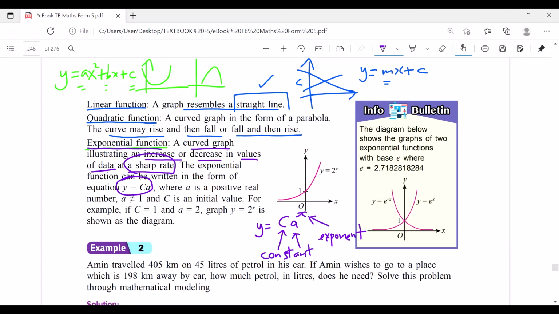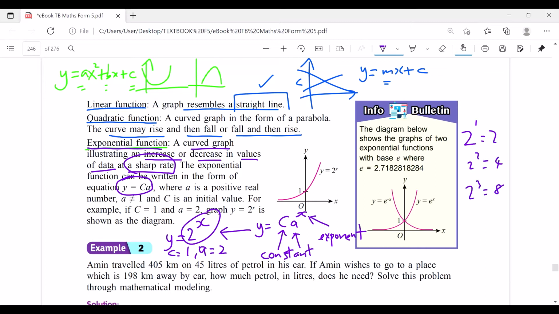For example, y equal 2 to the power of x. So your c is 1, and your a is 2. You can see, 2 to the power of x. 2 to the power of 1 is 2. 2 to the power of 2 is 4. 2 to the power of 3 is 8.